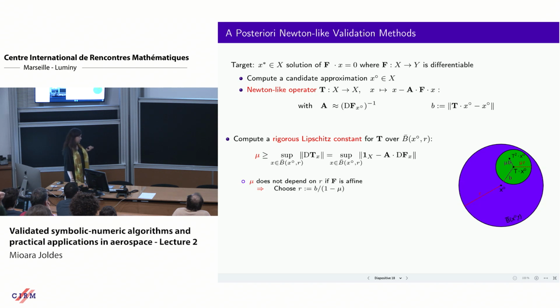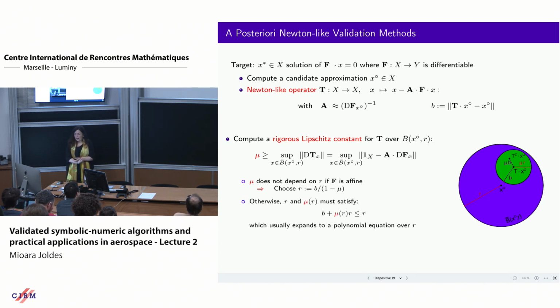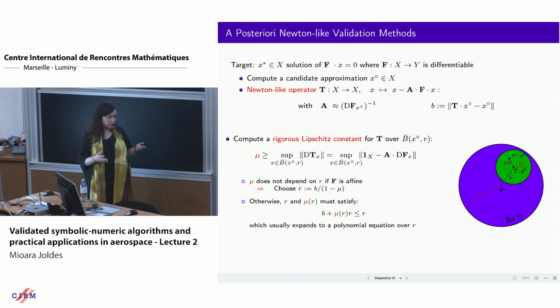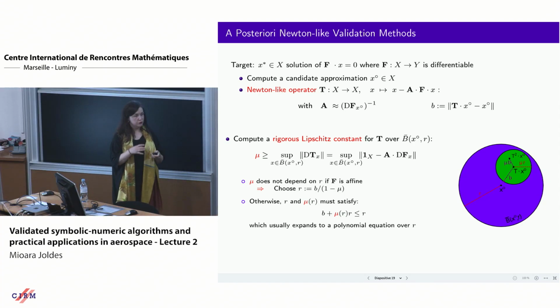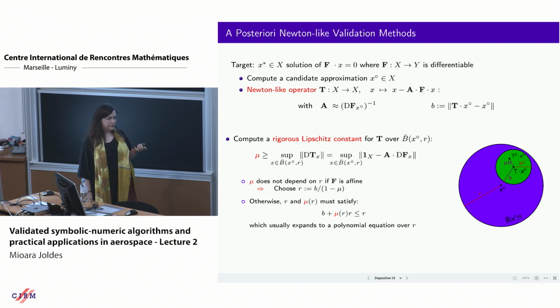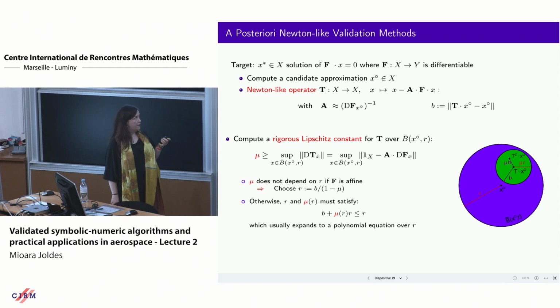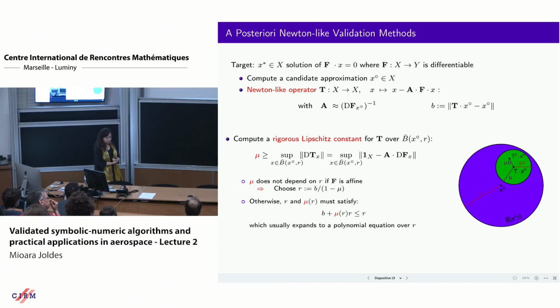If f is affine, then we can directly choose our R as this one, and we have proved the inclusion. Okay, otherwise, of course, I will only prove local existence or uniqueness, and I will have my mu depending on the radius of the initial ball that I chose.